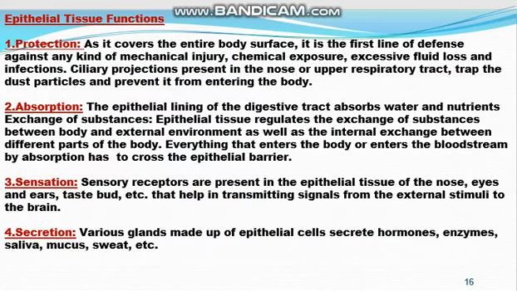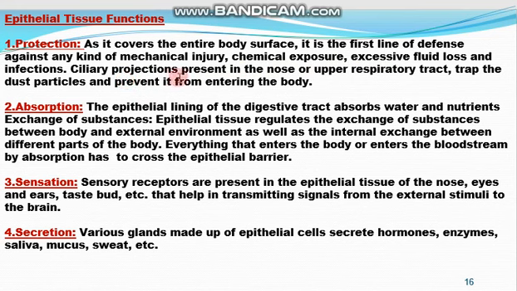Then comes the epithelial tissue functions. What are the functions of the epithelial tissue? So first of all, protection. As it covers the entire body surface, it is the first line of defense against any kind of mechanical injury, chemical exposure, excessive fluid loss, and infections.